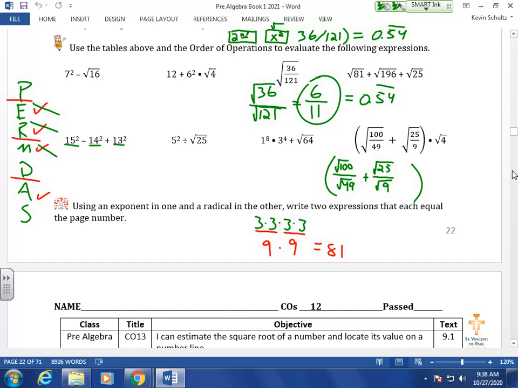And then we're multiplying that sum by the root of 4, which is 2. Take the roots to get fractions like we did here, our answer here, 6/11ths. Take the roots of those to get your fractions, add them together, and then multiply that sum by 2. I'm going to let you do the rest on your own for that one, but that should get you started.